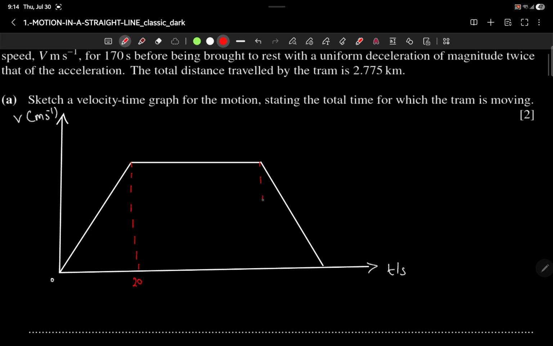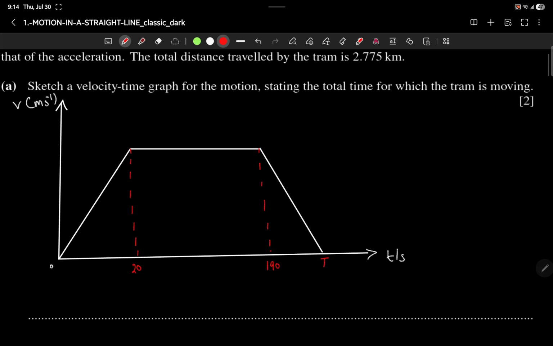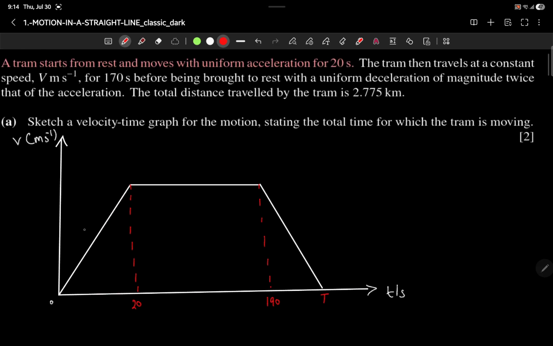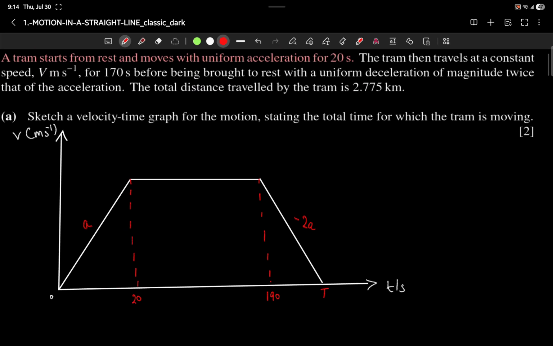So until 190 over here, it travels at constant speed. And this time we do not know, so we're just going to write it as t. If we consider this acceleration as a, this is going to be minus twice a. It's minus because deceleration is negative, it's going downwards instead of upwards. That's why it's negative 2a.